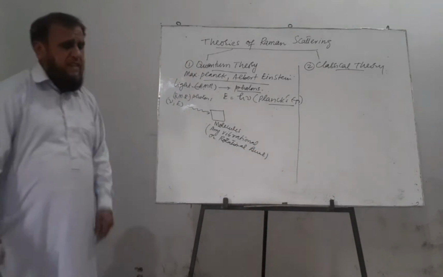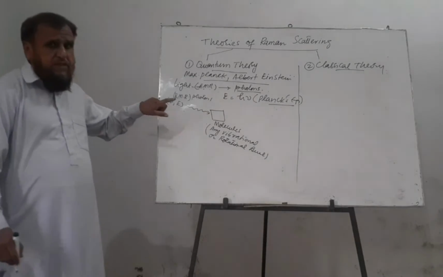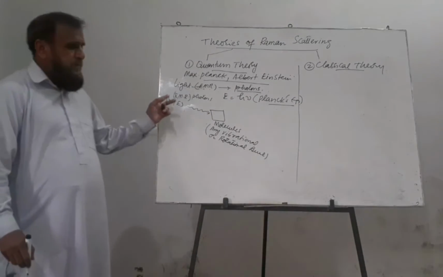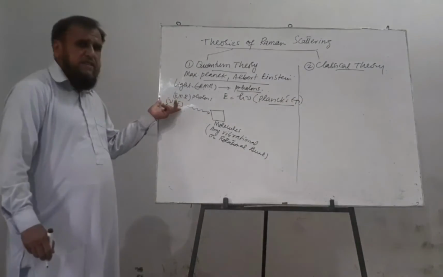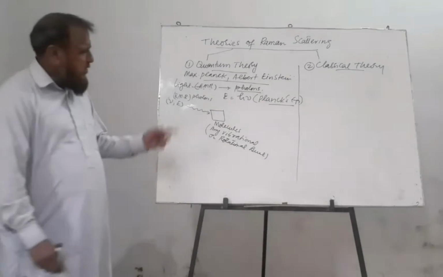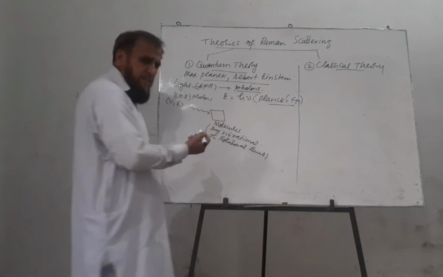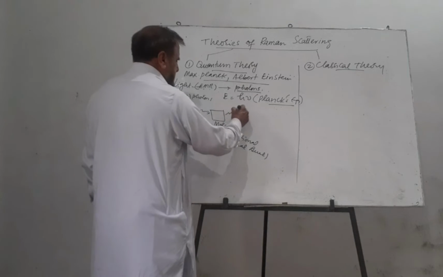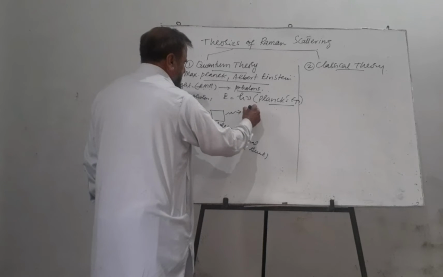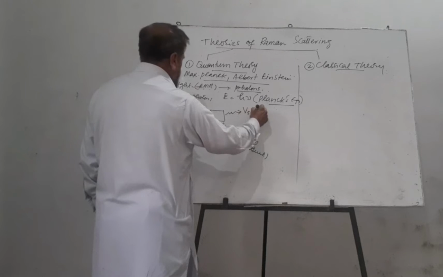The energy or frequency of the radiation does not obey the selection rules of the molecule. That is why it is not absorbed by the molecules, and it is scattered with a frequency nu s and energy E2.